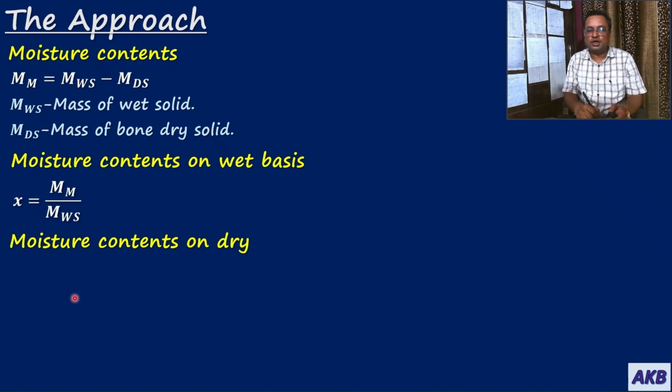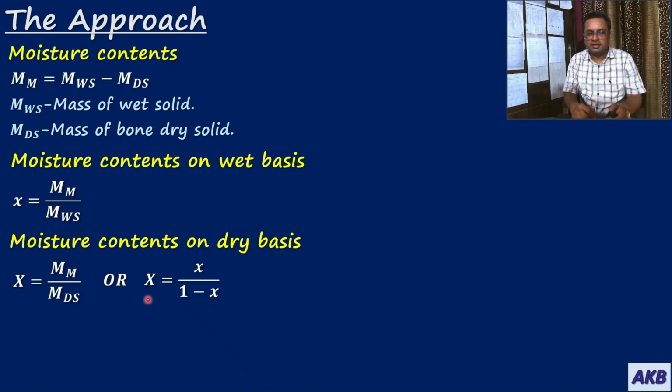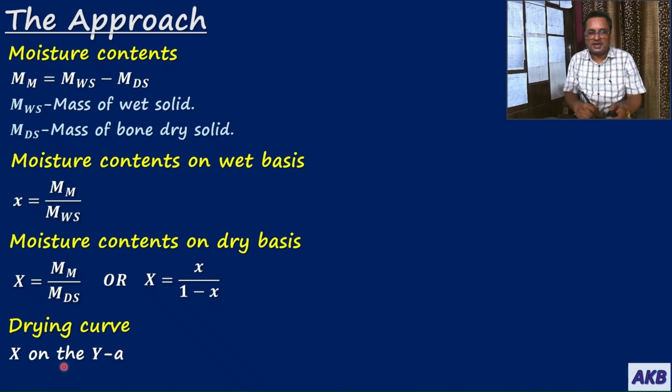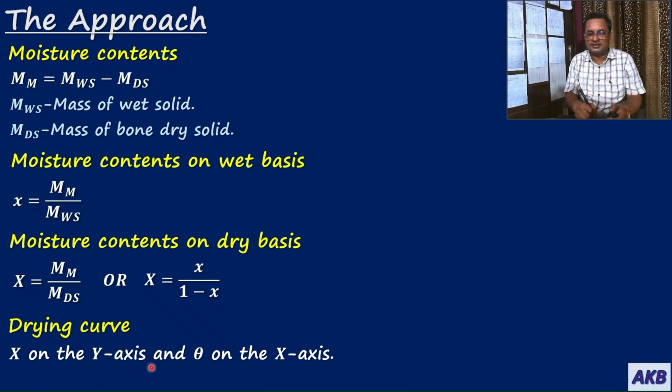Then we will get moisture contents on dry basis, and for that we are going to use this equation: capital X is MM upon MDS, that is, mass of moisture divided by mass of bone dry solid, or you can also use this equation: capital X is equal to small x divided by 1 minus small x. Then we will plot the drying curve. For that, capital X, that is moisture content on dry basis, we will plot on the y-axis, whereas time, that is theta, we will plot on the x-axis.